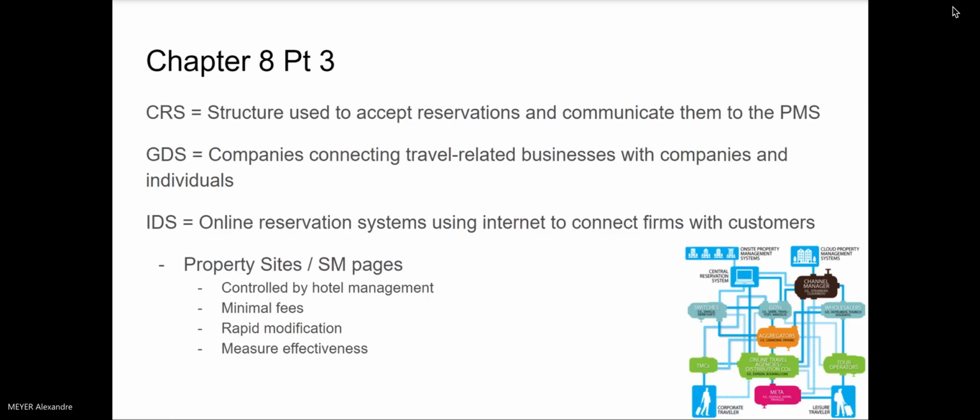You also have rapid modification because it's your hotel, so you can quickly make changes as fast as you'd like. And you can measure the effectiveness. If you look at your website, you can see how many people visit it and how many people make a booking. So you can actually look at how effective that distribution channel is.